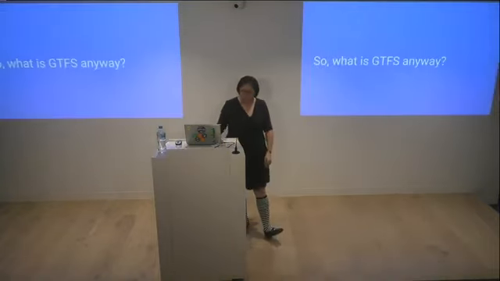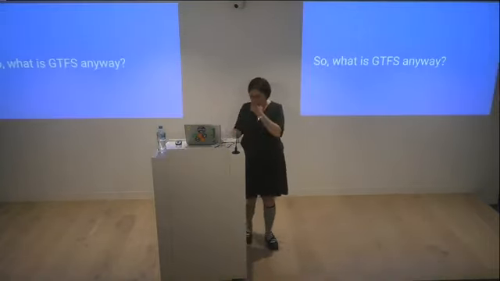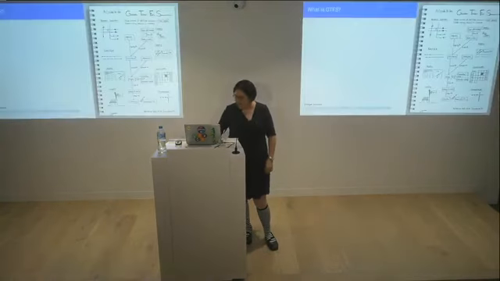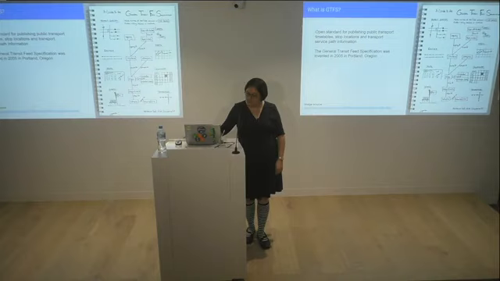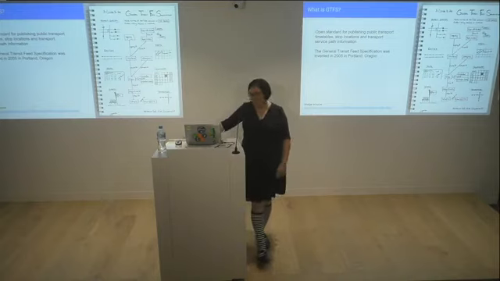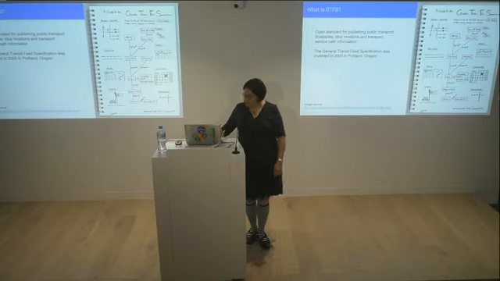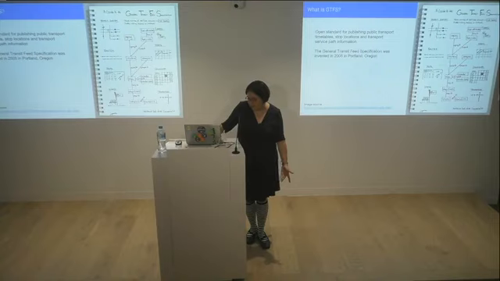So what is GTFS anyway? It's the Google Transit feed specification, or it was. It's an open standard for publishing public transport timetables, stop locations and transport path information. It's been around for a little while, and it's been renamed as the General Transit Feed Specification.